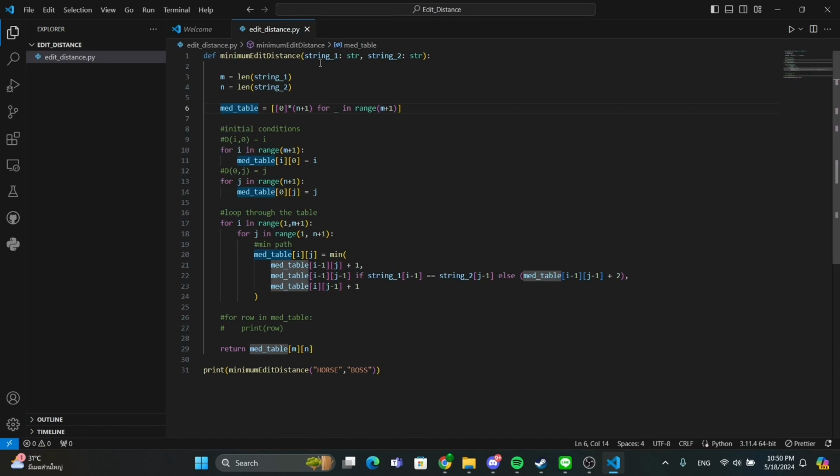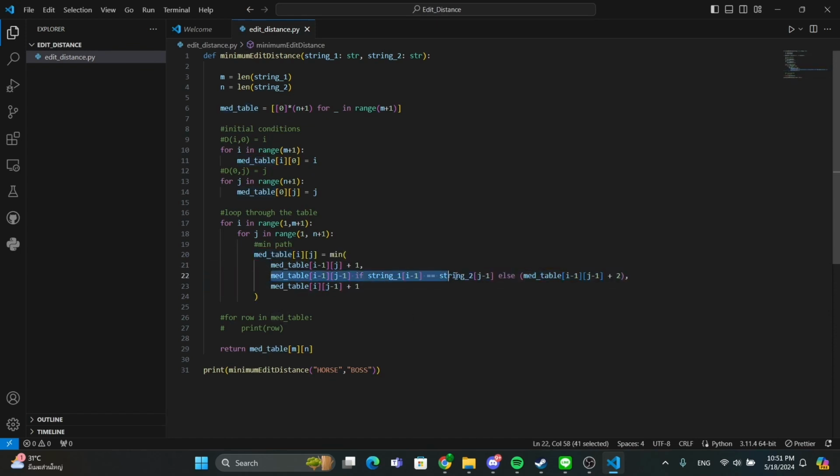Now after defining these initial conditions, we just loop through the rest of the table, from index 1 to m plus 1 exclusive and 1 to n plus 1 exclusive, and we go through all these three cases. This one is the deletion, so it's just plus 1.